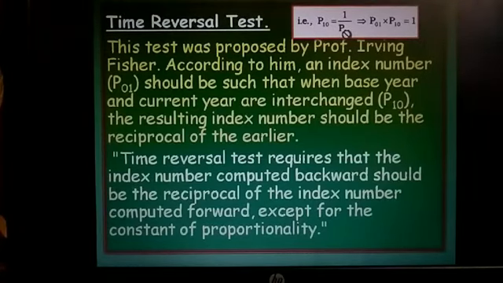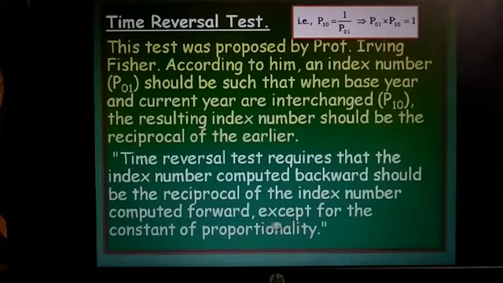So this is also holding good in terms of notation. The statement we discussed in white font is also holding good in terms of the notations. Both ways you can express the time reversal test explanation.